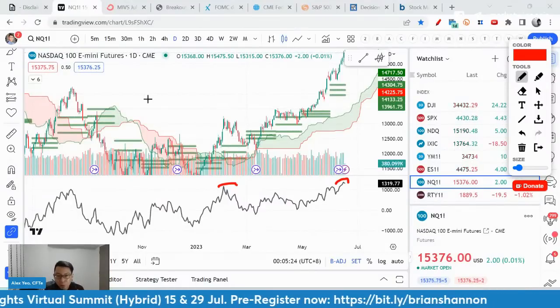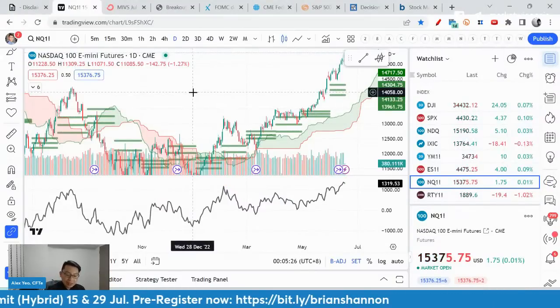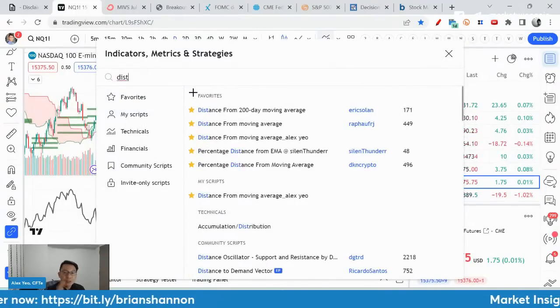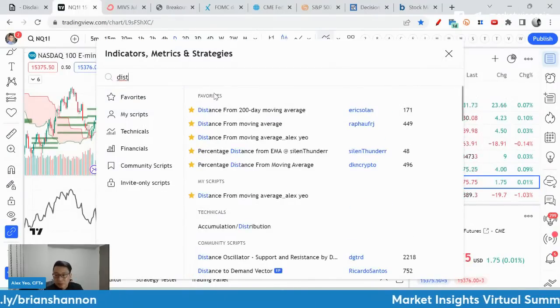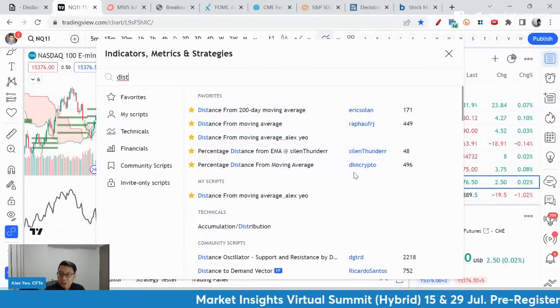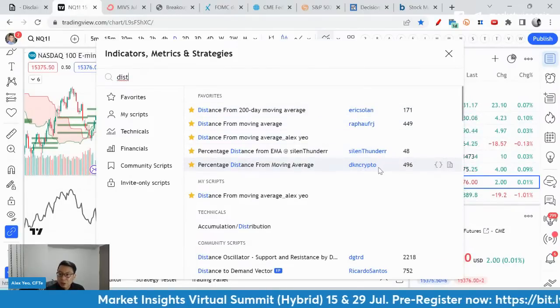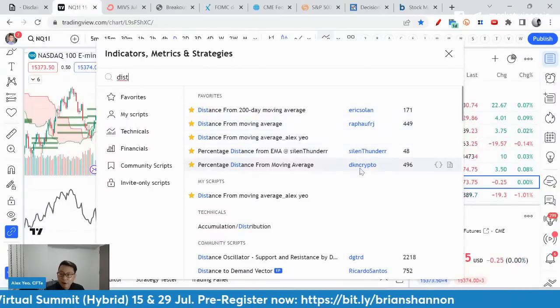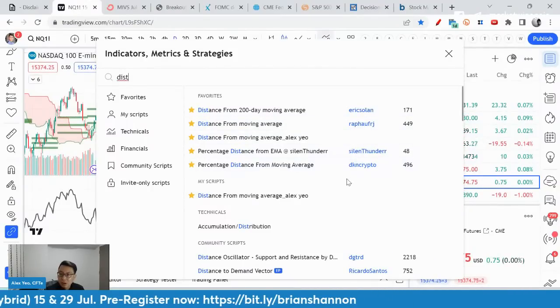Once again, you go to the indicator page, just type distance, DIST, and most likely it will come out. You just search distance from moving average. The ones that I'm using are DKN crypto and Rafael FRJ.